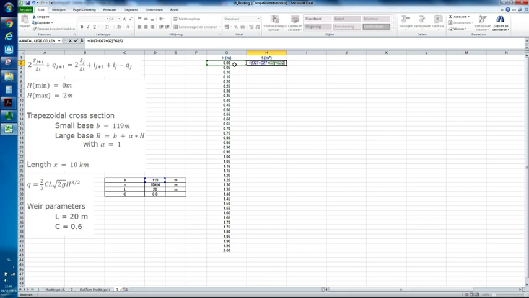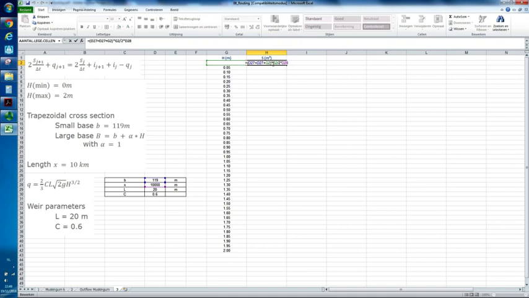This is the trapezoidal section, but we have also a length of 10 kilometers, so we need to take into account our length as well, x. Now, in this case, our storage is 0, which is logical because we don't have any storage above the weir crest level, as our water above the weir crest level is 0.